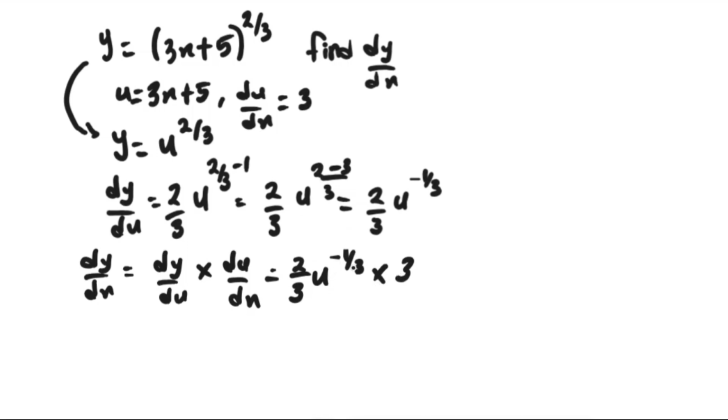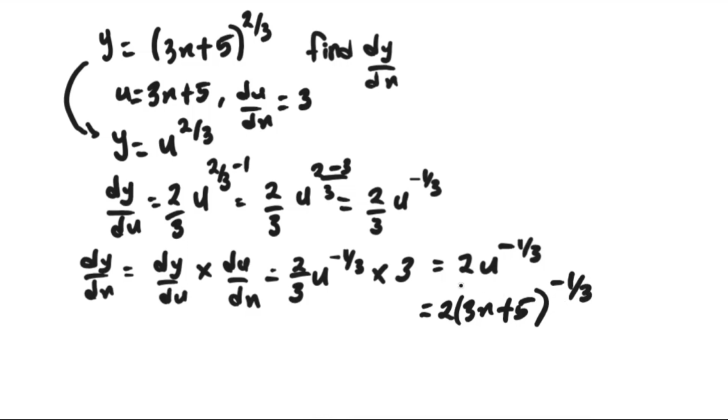So 3 here will cancel 3. We'll be left with 2u raised to the power minus 1 over 3. Our u is 3x plus 5. So that will be 2 times (3x plus 5) raised to the power minus 1 over 3. And that will be the final answer to that question.